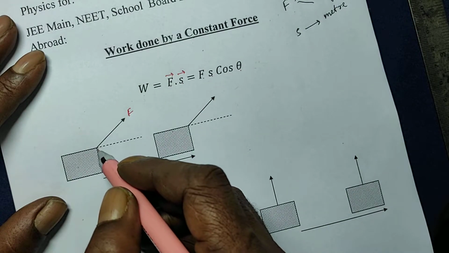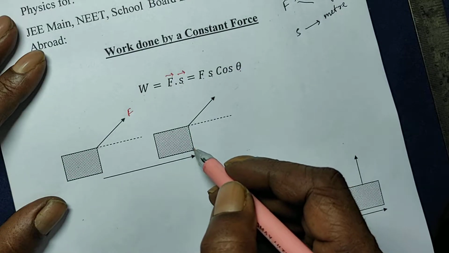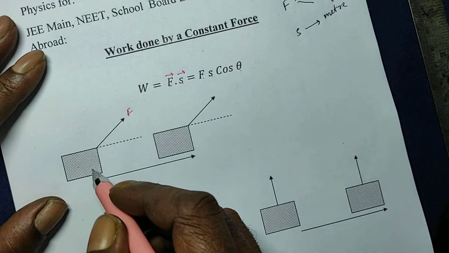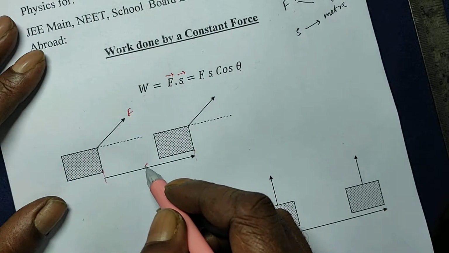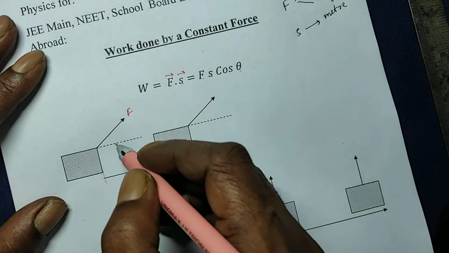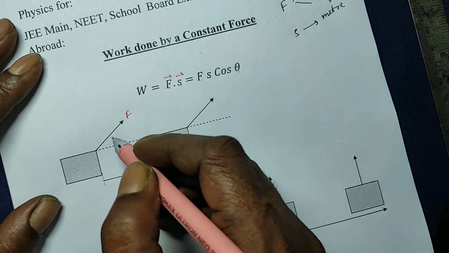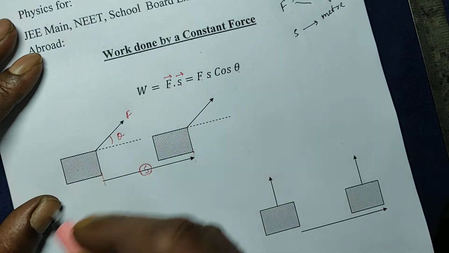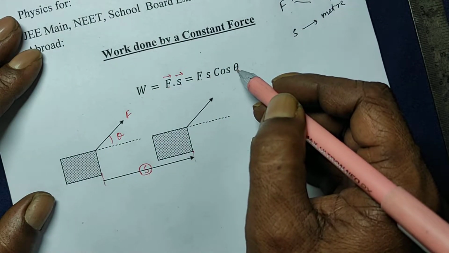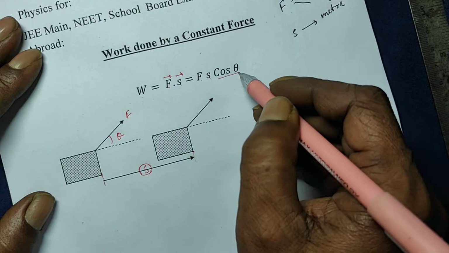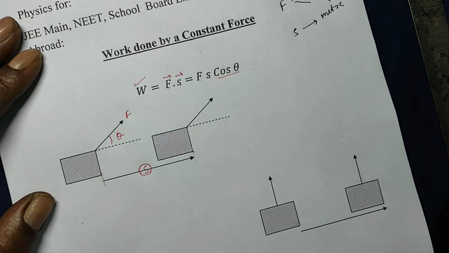And the displacement, if you consider the front end, the object has been displaced from this position to this position, let it be S. So in this case, this angle theta is less than 90, that is acute. So if theta is less than 90, cos theta will be positive, so the work done will be positive.